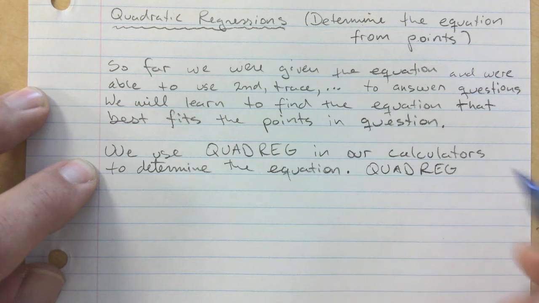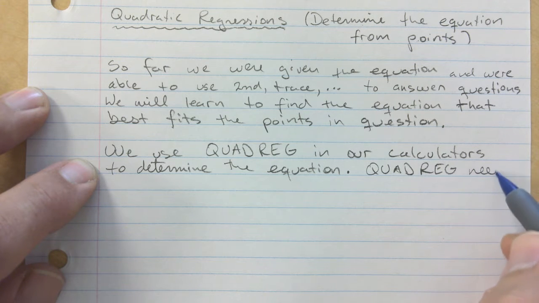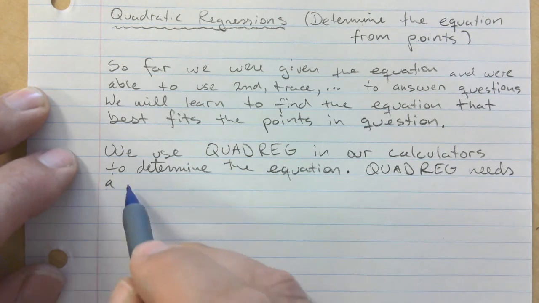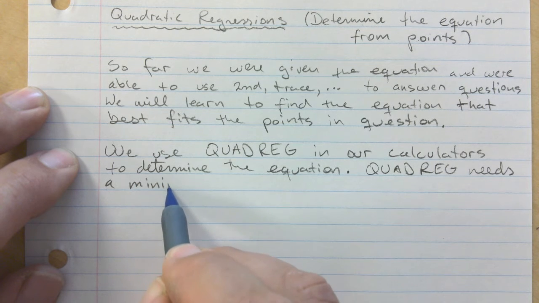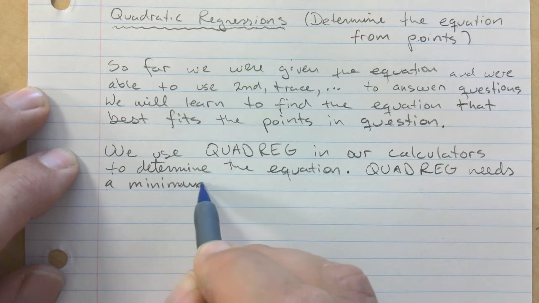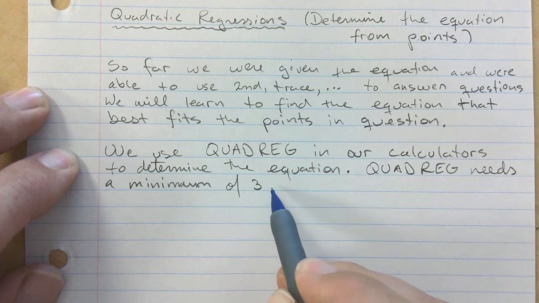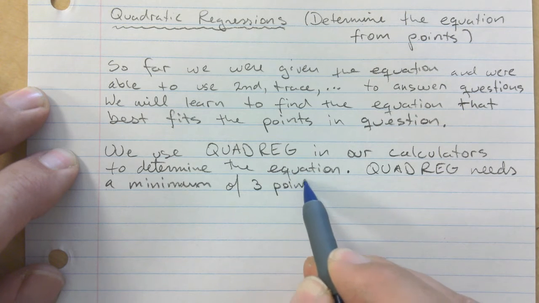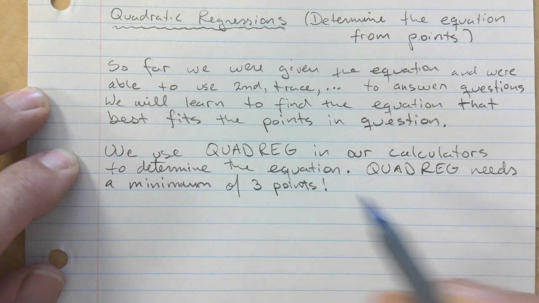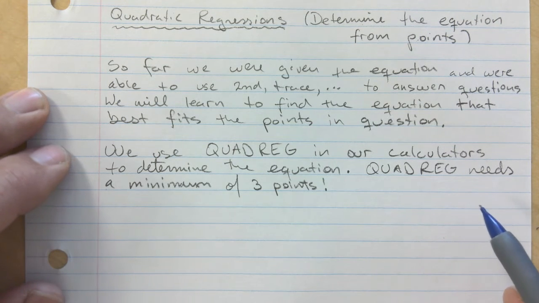Quadratic regression needs a minimum of 3 points. That's a note.